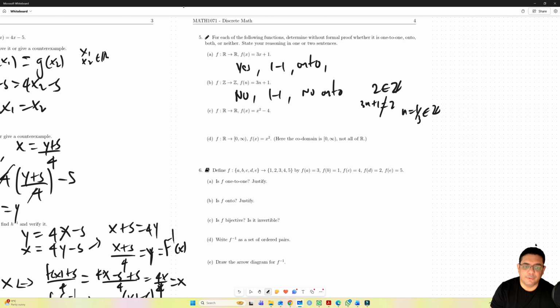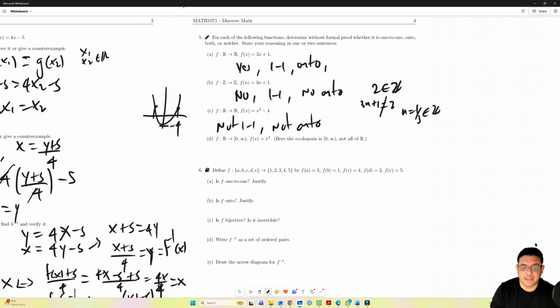x squared minus 4 from the real numbers to the real numbers. This is neither: not one-to-one and not onto. Why? Notice that this is a parabola. If you think about it, x squared minus 4 is just like this, shifted down by 4. So for any value of y, sorry, you're going to get two values of x that are related.